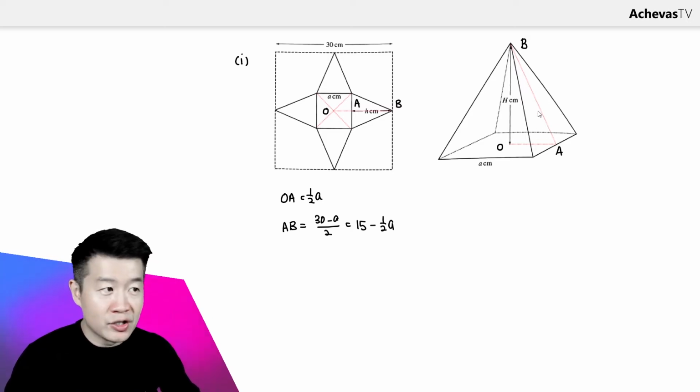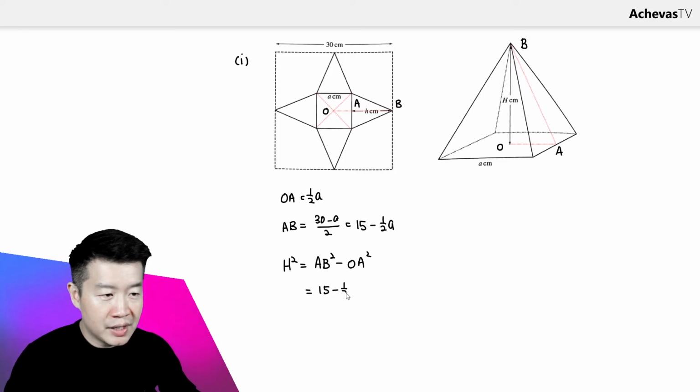Now focusing on this triangle, knowing OA is half A and AB is 15 minus half A, we can make use of the Pythagoras theorem because there's a right angle here. So H squared is going to be equal to the hypotenuse AB squared minus OA squared. So we will have 15 minus half A, all squared, minus half A squared.